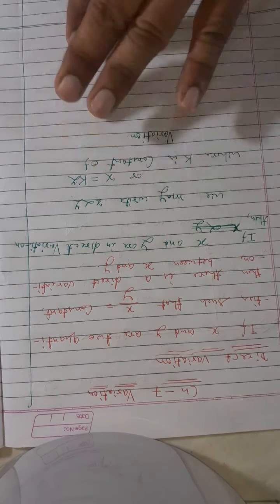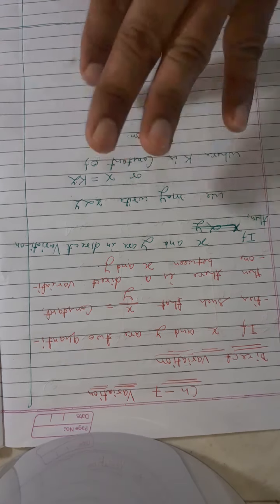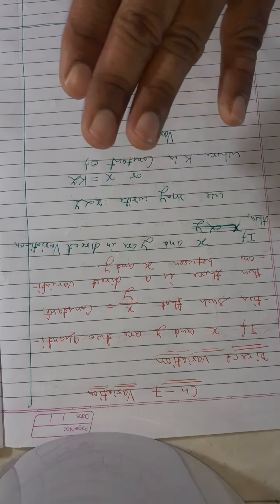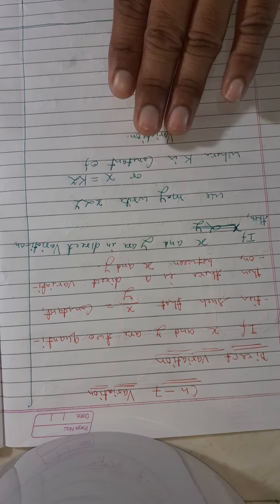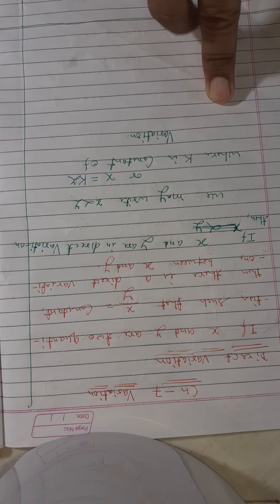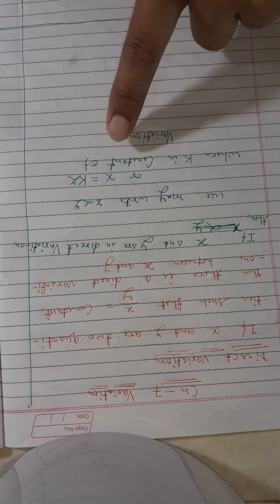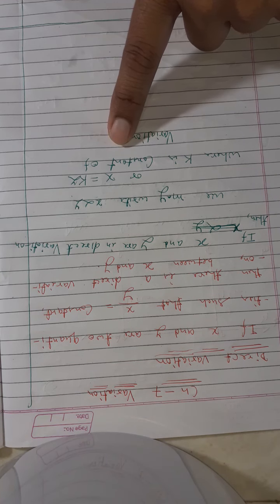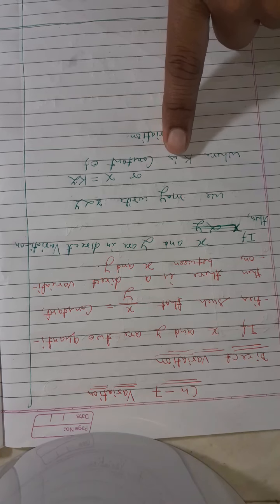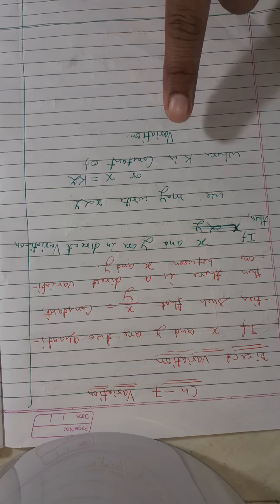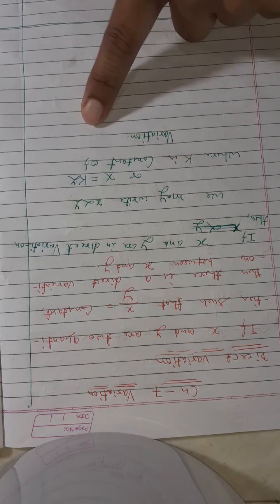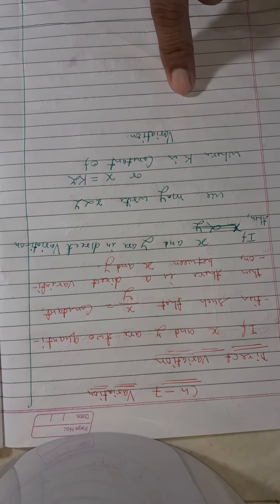So let us start. If I want to explain in a simple way, suppose the cost of 2 pens is 30 rupees, so what will be the cost of 4 pens?